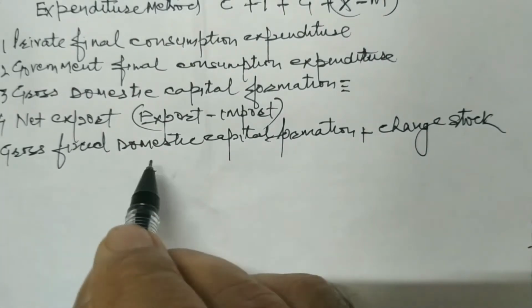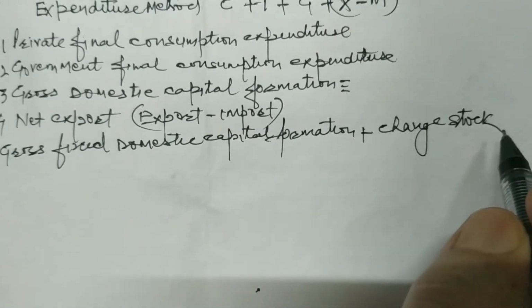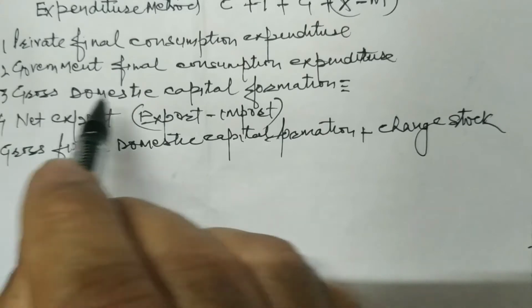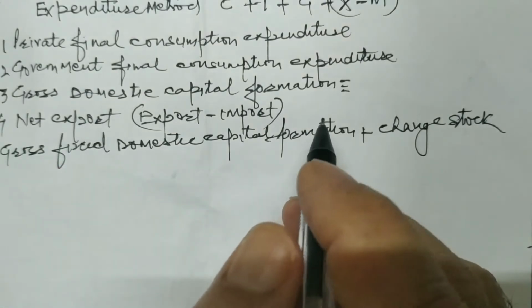Gross fixed domestic capital formation plus change in stock is equal to the gross domestic capital formation.